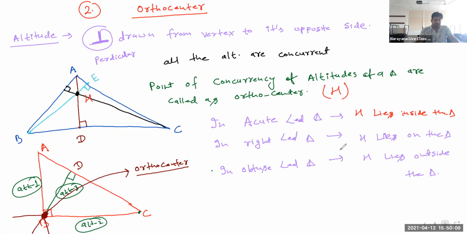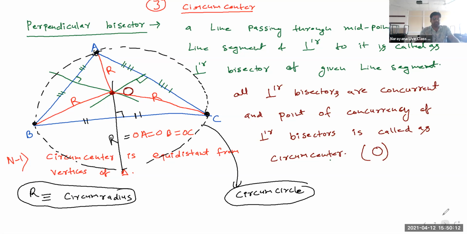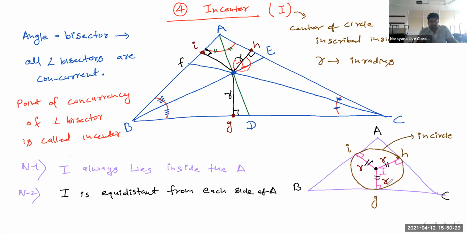Now we have studied circumcenter, and circumcenter is the point of concurrency of perpendicular bisectors of sides, and circumcenter is equidistant from all the vertices, and incenter is equidistant from all the sides.